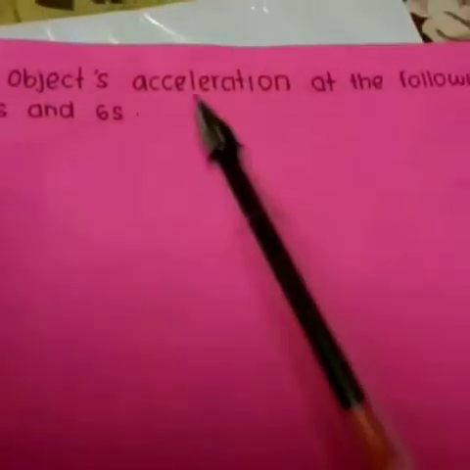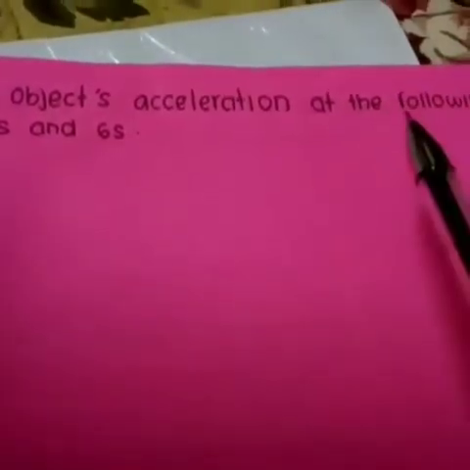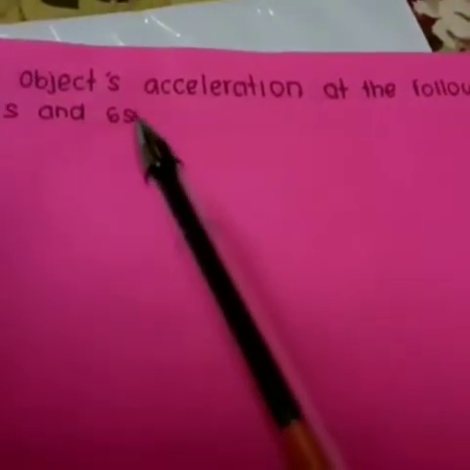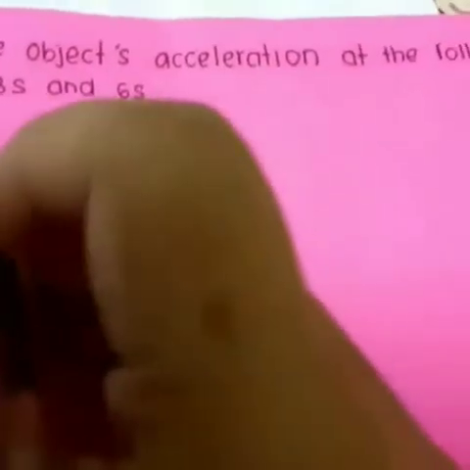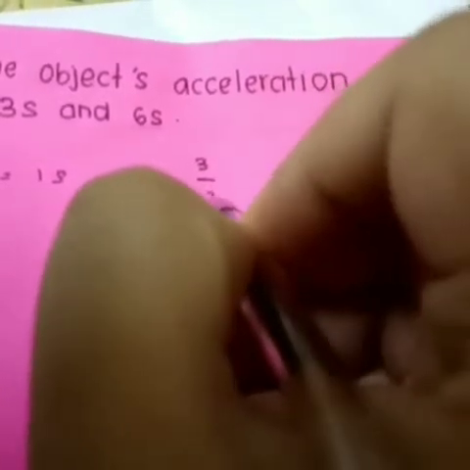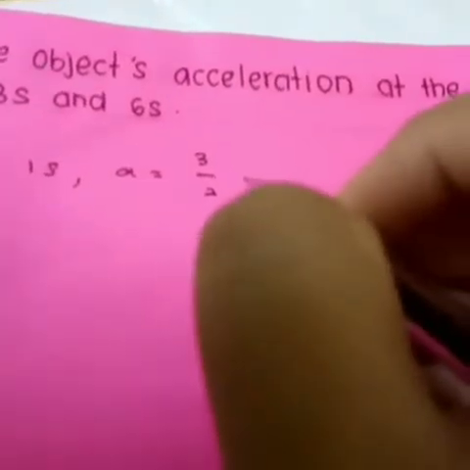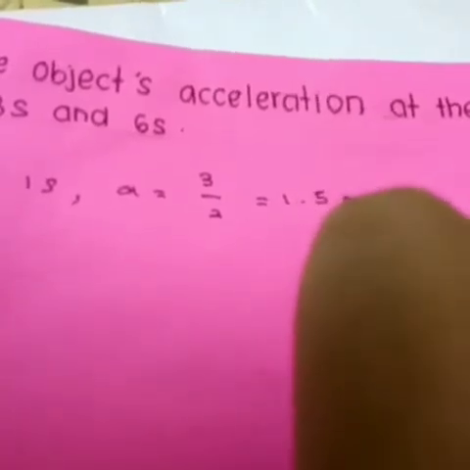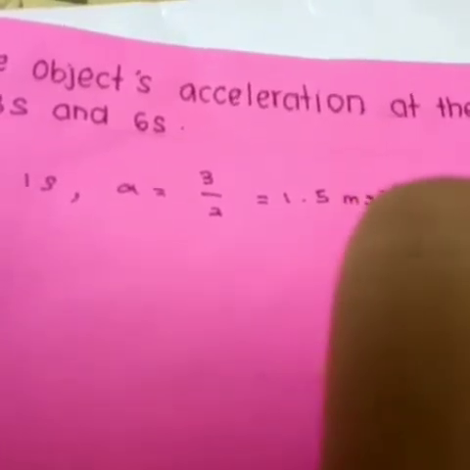Okay, for the next question, we need to find the object's acceleration at the following times: t equals 1 s, 3 s, and 6 s. So first, t equals 1 second. So for the acceleration, we get 3/2 based on the formula. So 1.5 m/s^2.